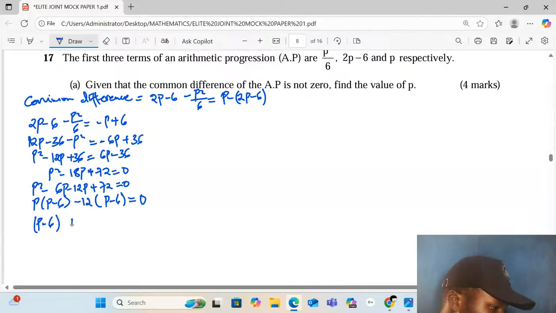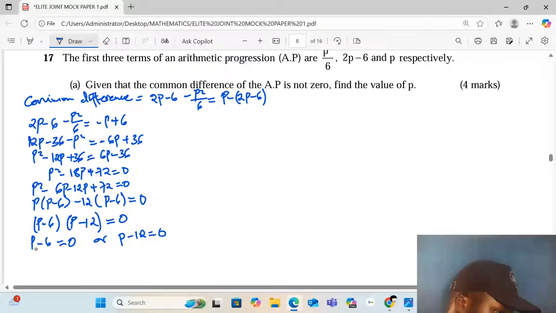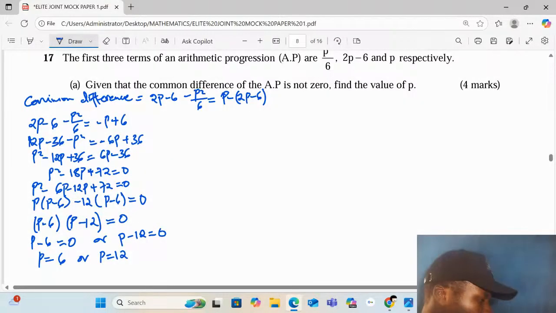Then we have another one, p minus 12, which is equal to 0. Now we find the value of p. So p minus 6 is equal to 0, or p minus 12 is equal to 0, so p is equal to 6 and p is equal to 12.